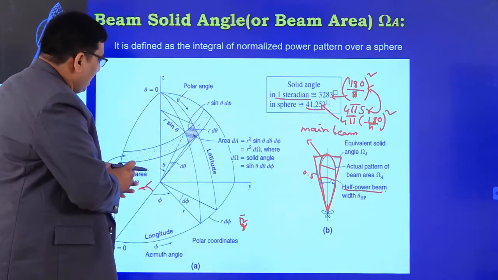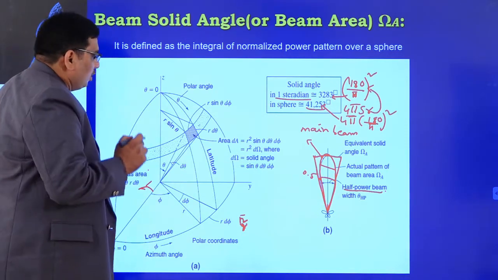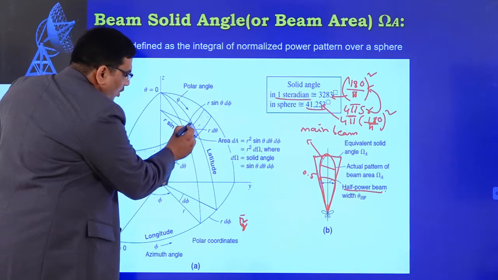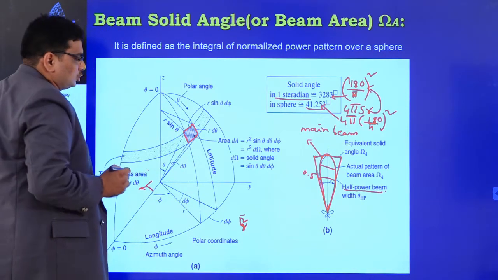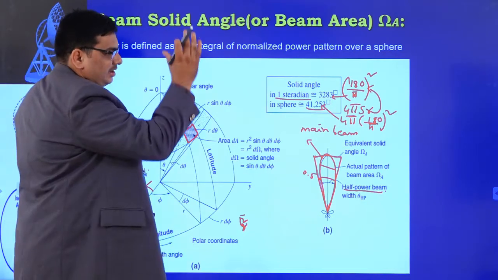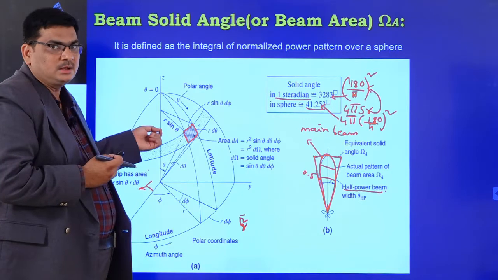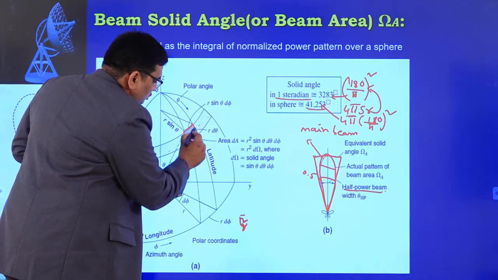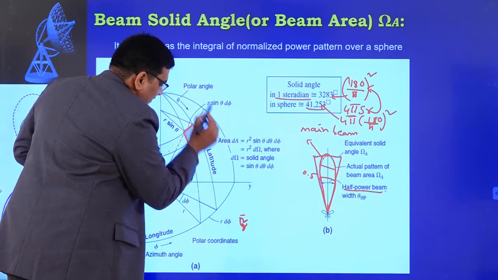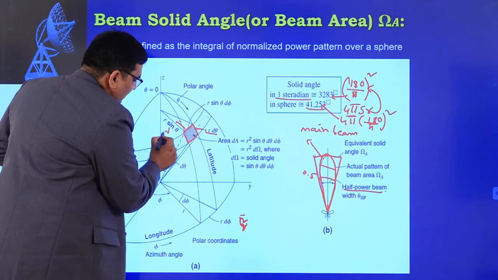Suppose this is a 3-dimensional coordinate system. In this system, we are taking a small piece, a small area of this part. In the sphere, from the center, we take a sphere area whose one side is r d theta and another side is r sin theta d phi.